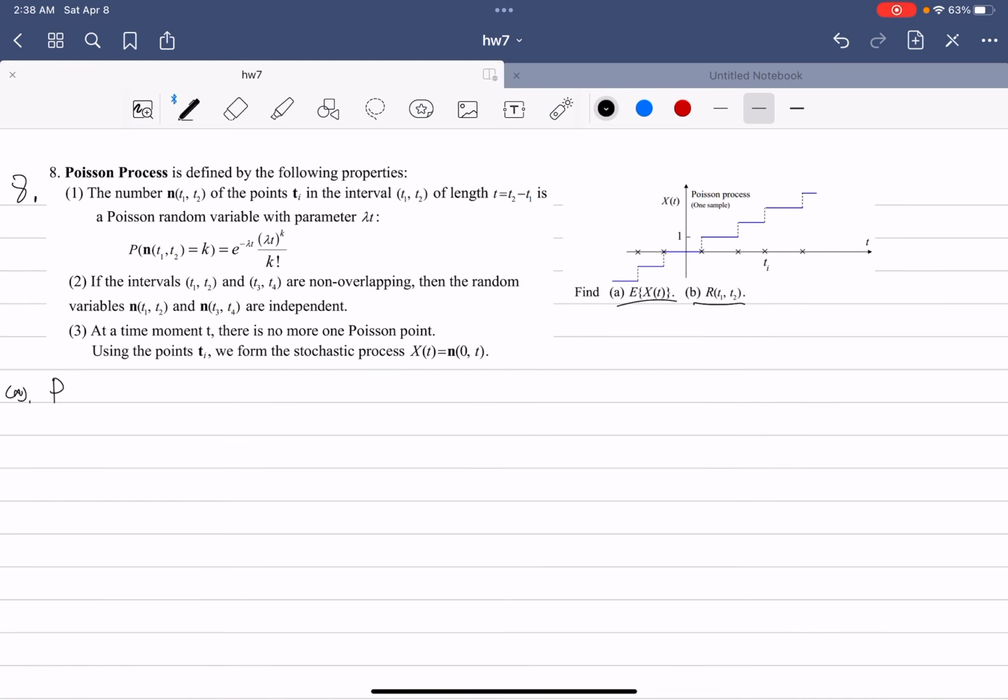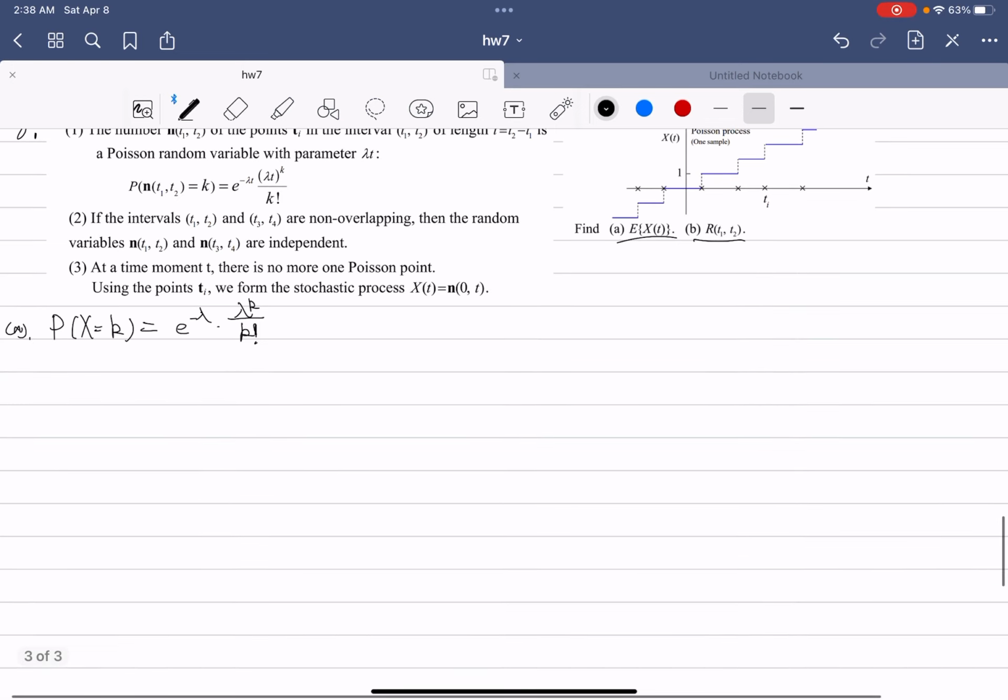We know that the Poisson distribution for X equal to k is e to the power of negative lambda, times lambda to the power of k, divided by k factorial. So the sum from k equals 0 to infinity will be 1.